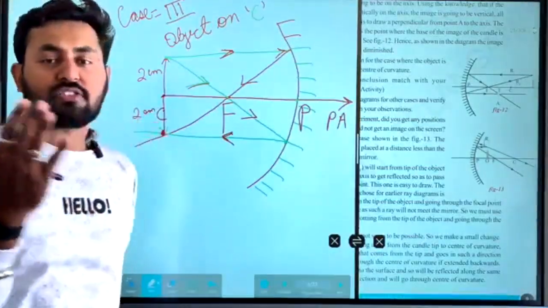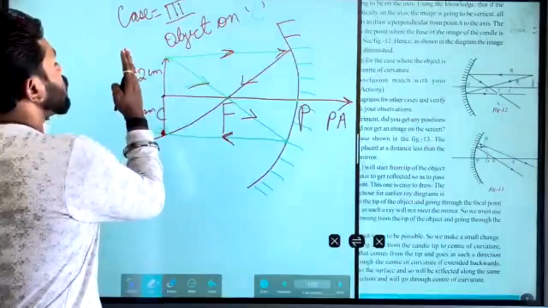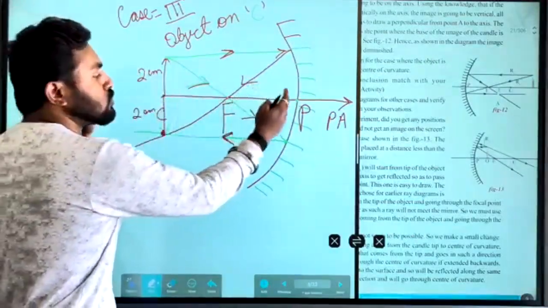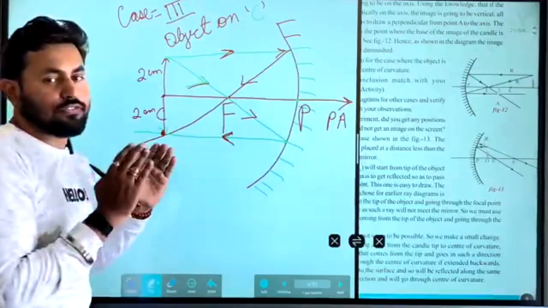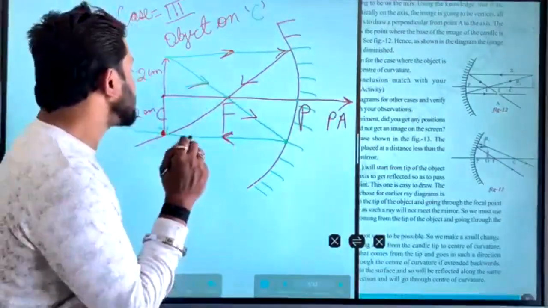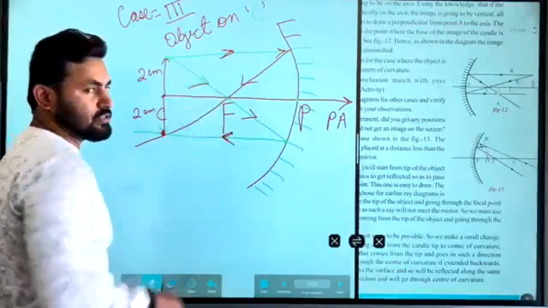Now as you can see, if we are coming more closer to the pole, that is, if our object is coming more closer to the pole, can't you see that at first case my image formation was here at focus.